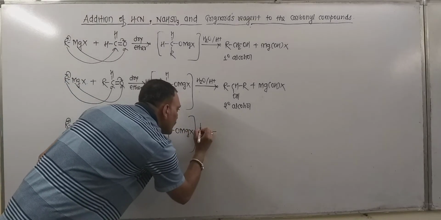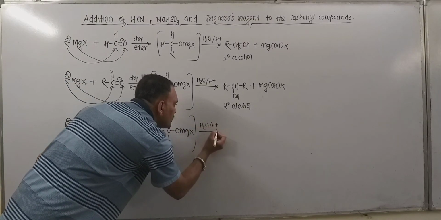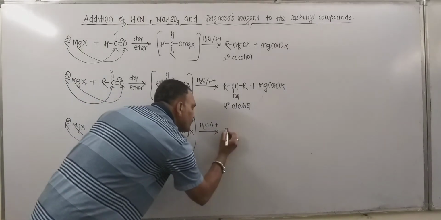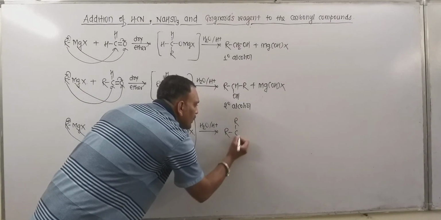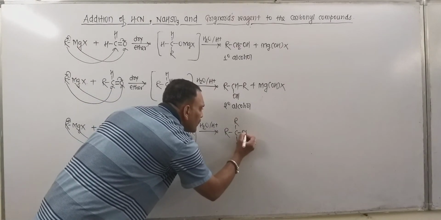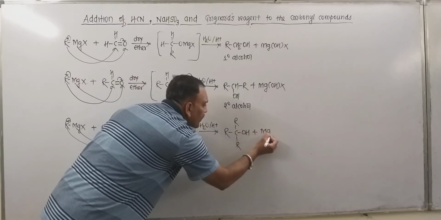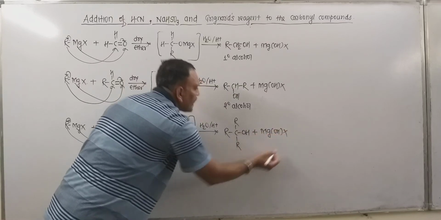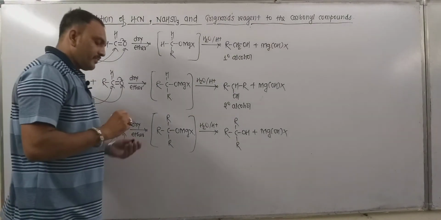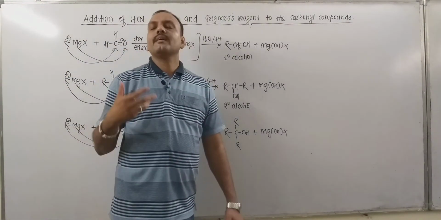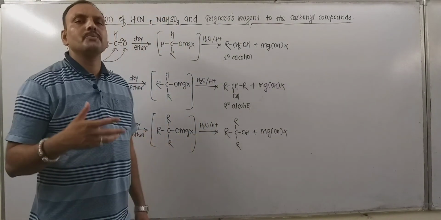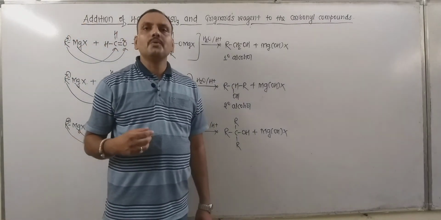Now the Mg complex upon acidic hydrolysis by using dilute acid leads to the formation of tertiary alcohol along with MgOHX. In this way, aldehydes and ketones react with Grignard's reagent producing alcohols. Thank you very much.